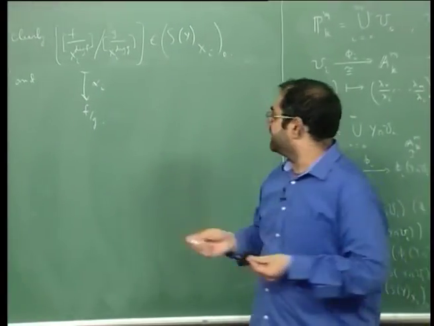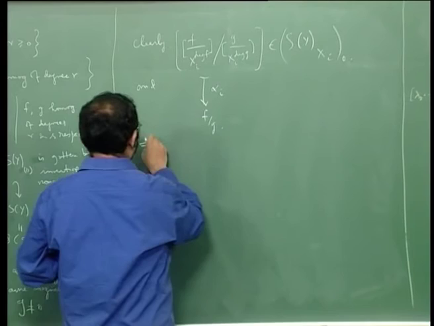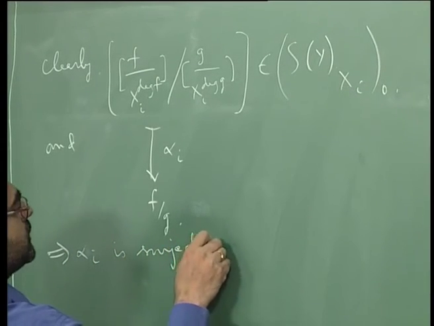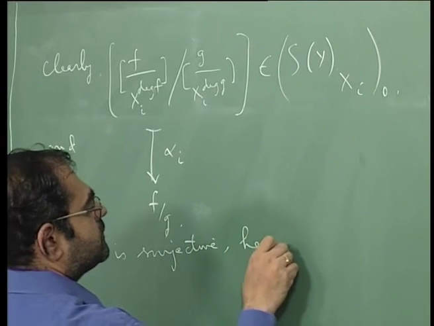So that implies that alpha I is surjective, hence an isomorphism.